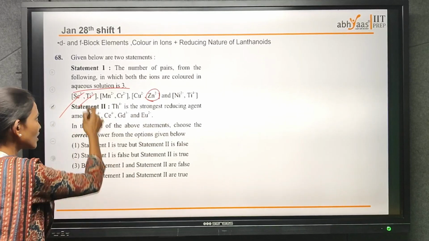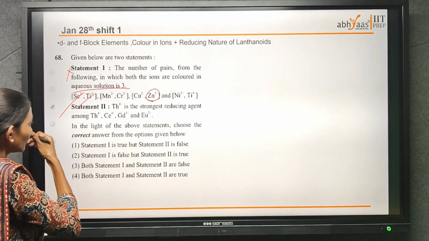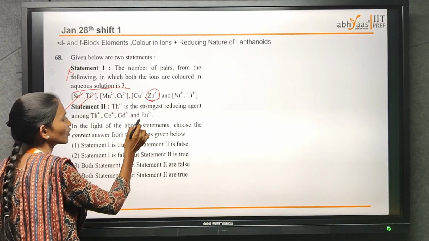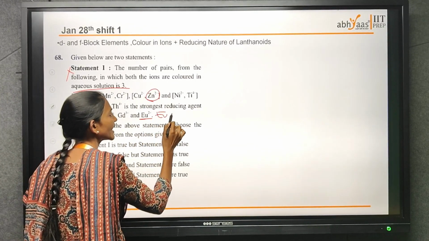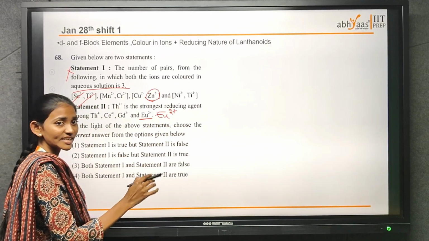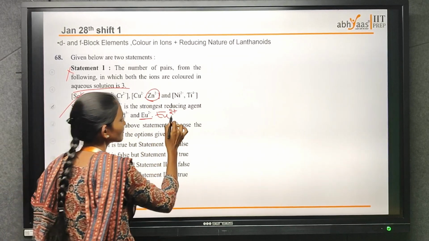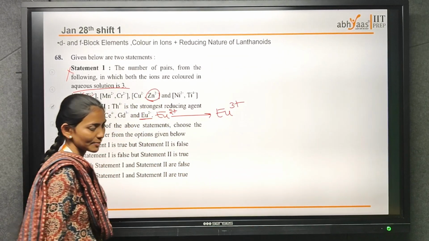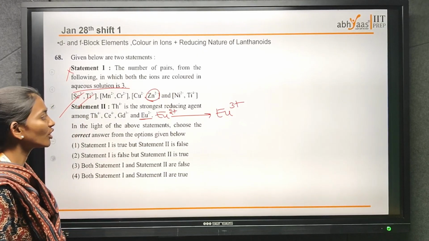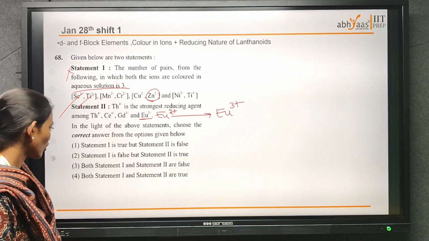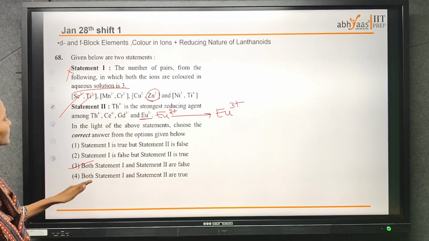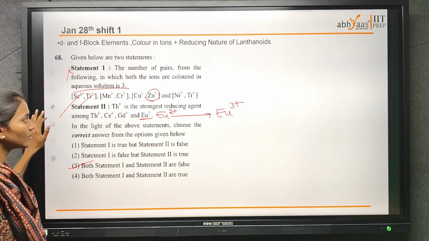So statement 1 is not true. Thorium is the strongest reducing agent among all these. Not at all, because Eu2+ is a strong reducing agent, it is half filled and it can be easily oxidized. It can also form Eu3+. So statement 2 is also not true. Statements 1 and 2 are false, right? Statement 3 is your answer. Not that much tricky.